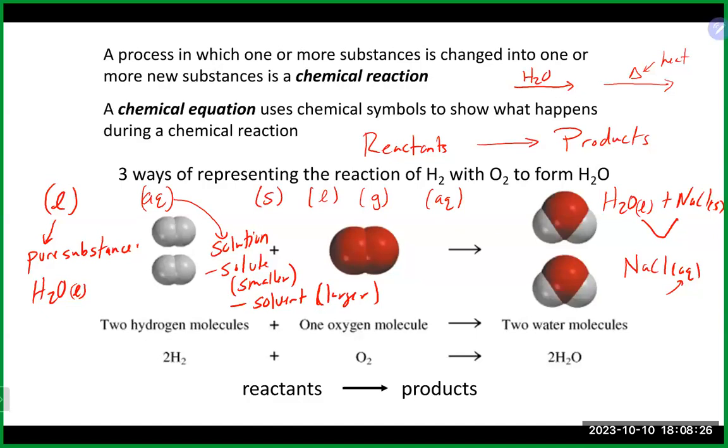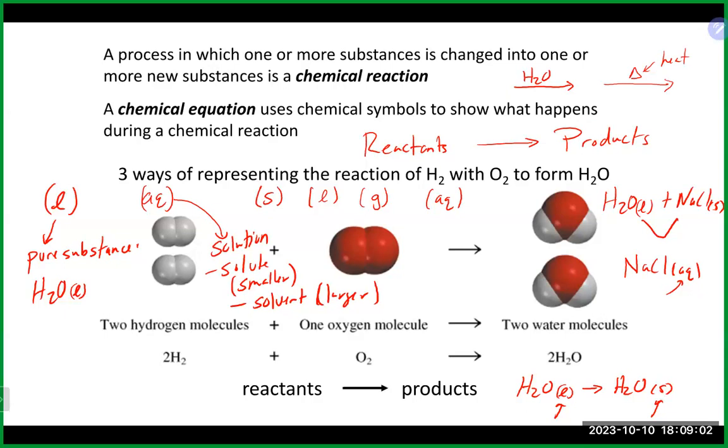Although a lot of times we do use chemical equations for chemical changes and chemical reactions, we can use a chemical equation for a physical change, like H2O going from liquid to H2O going to solid. That's basically the formation of ice. And although that's a physical change, we can use an equation to represent that. And clearly, in this case, the states of each of these would be really important, so you understand what is happening, rather than just having water on both sides.